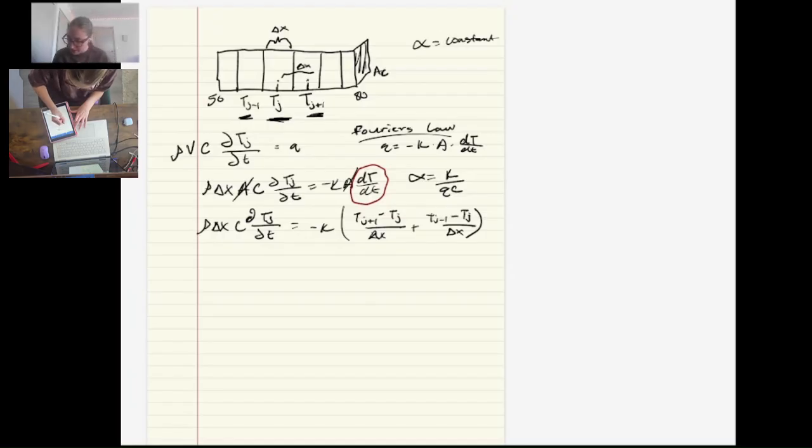This is rho, our density. So it's the thermal conductivity divided by rho times our heat capacity, which is going to be our thermal diffusivity.